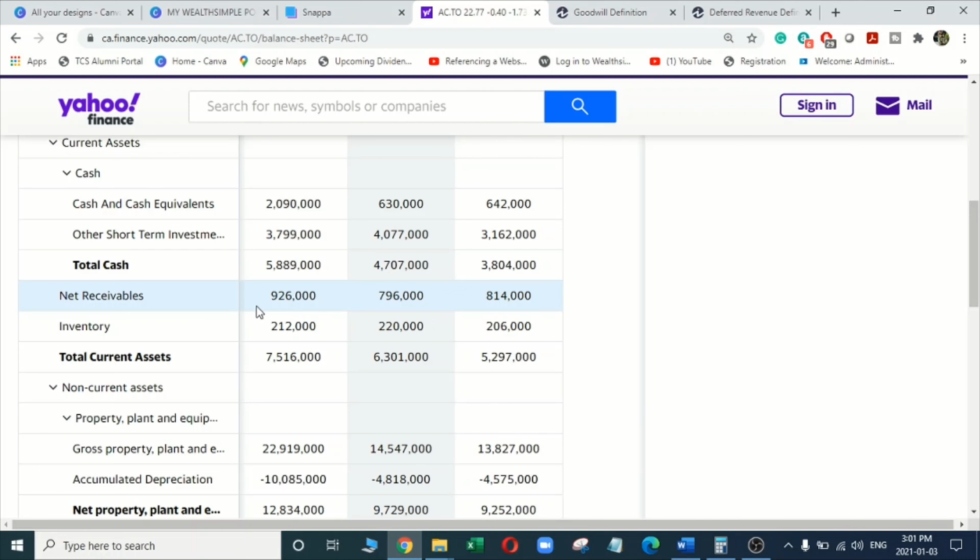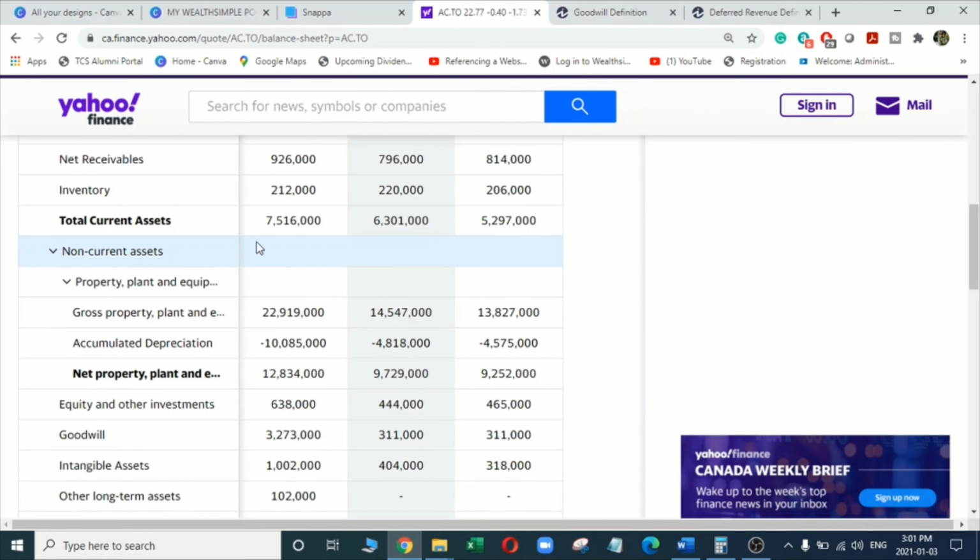That position holds nearly $926,000. Then we have the inventory. When it comes to Air Canada, the inventory is basically the airplanes and the parts of the planes, or we can say the fuel which is being used by the planes. That total comes out to be $212,000. So the summation of all these current assets comes out to be $7.5 billion.